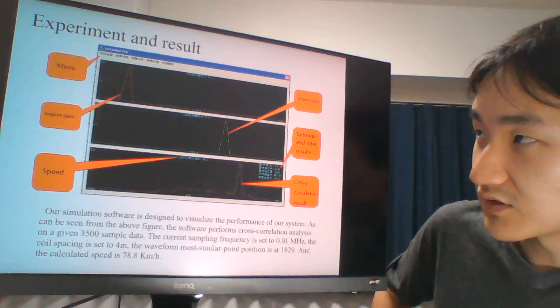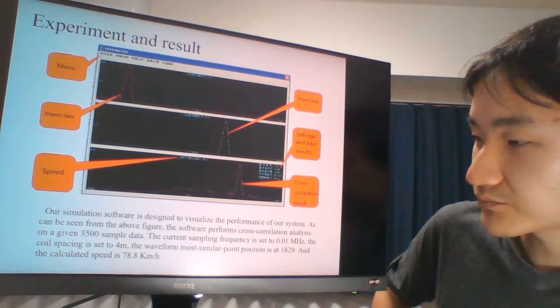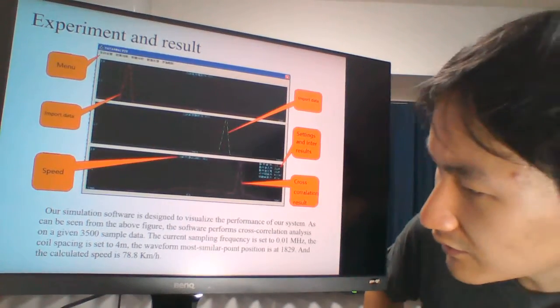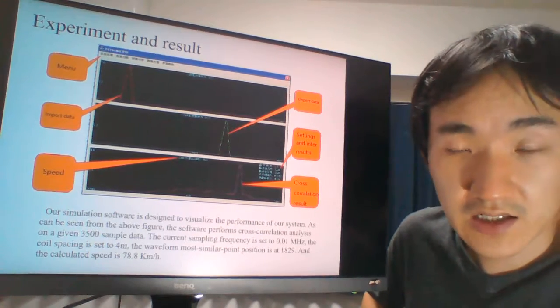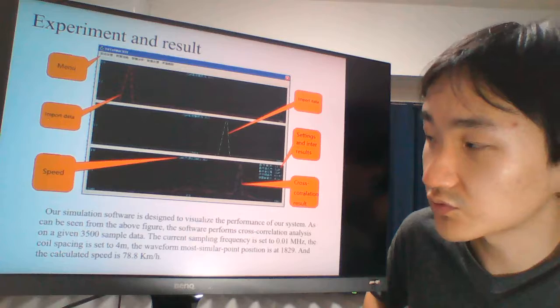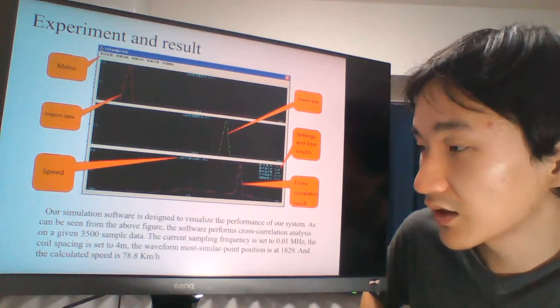As you can see in the graph, we set the given samples to a number of 3,500 sample data, and the current sampling frequency is set to be 0.01 megahertz.